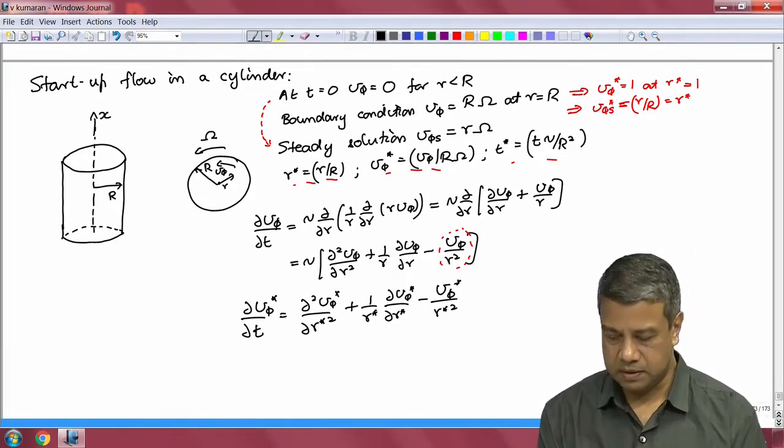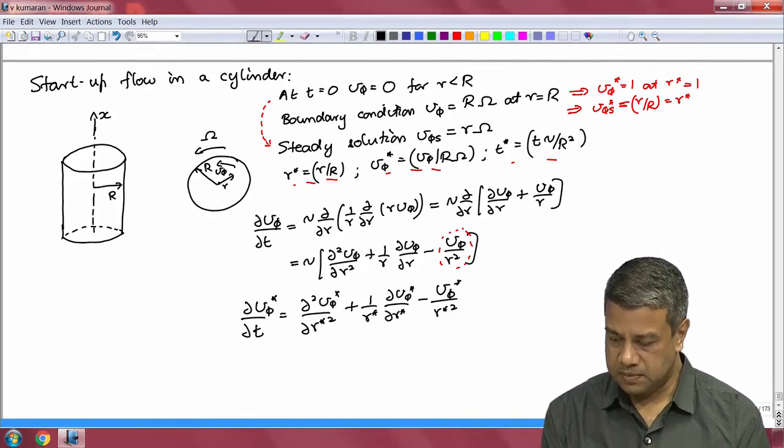That is the conservation equation, subject to the boundary conditions.